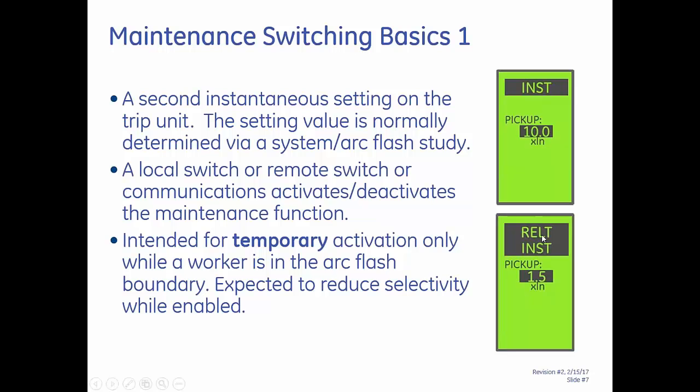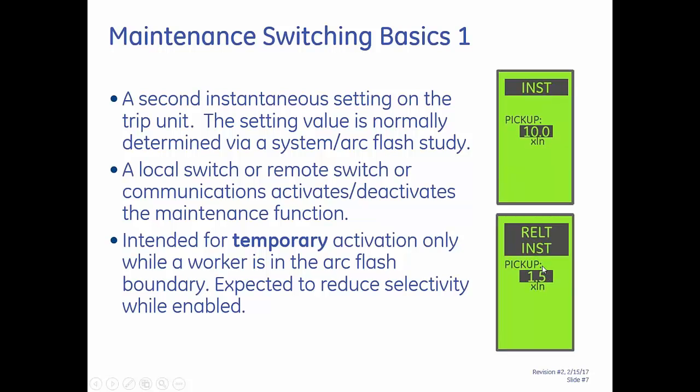For GE's implementation, our name for a maintenance switch is RELT, which stands for Reduced Energy Let-Through. If you see that on some of the example graphics I'm using, that's what it stands for, but it is the maintenance switch. The bottom graphic shows the instantaneous setting associated with your maintenance option, and here you see the pickup is at a 1.5.